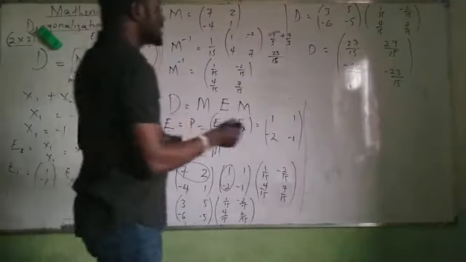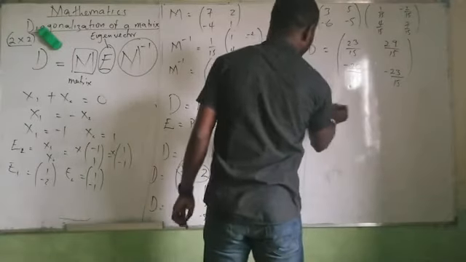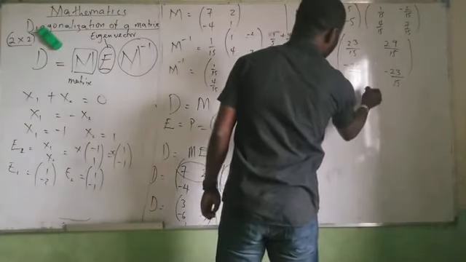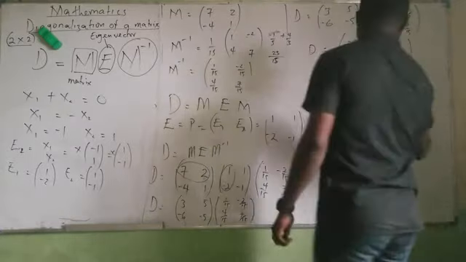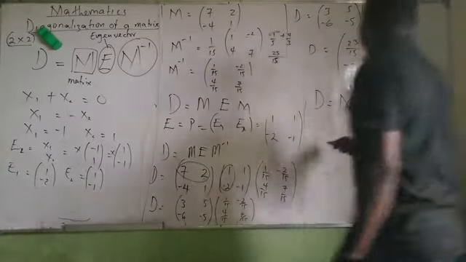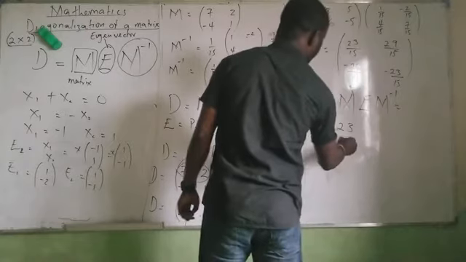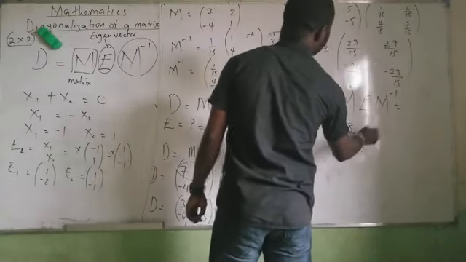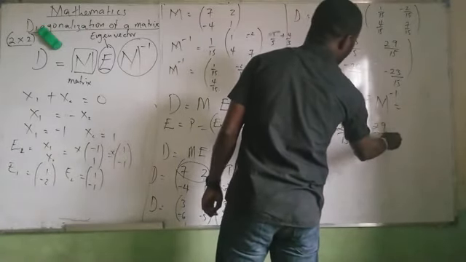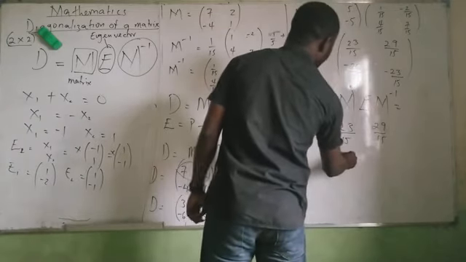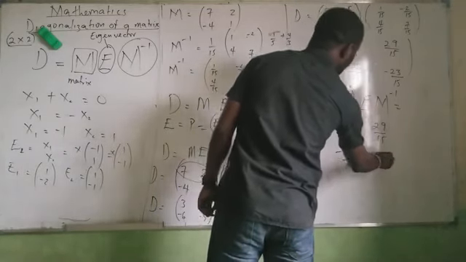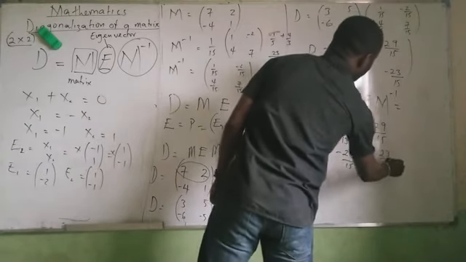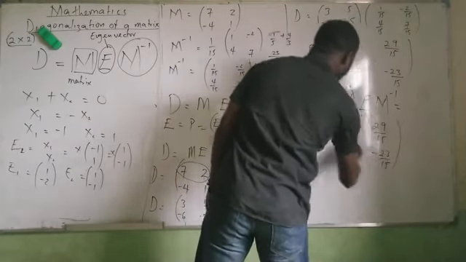Now, it means my diagonalization, M inverse will be equal to what? 23 all over 15, 29 all over 15, and minus 26 all over 15, and also minus 23 all over 15, which I can also write this way.